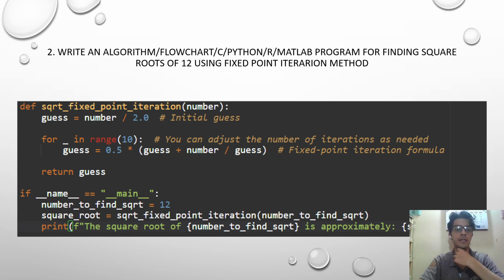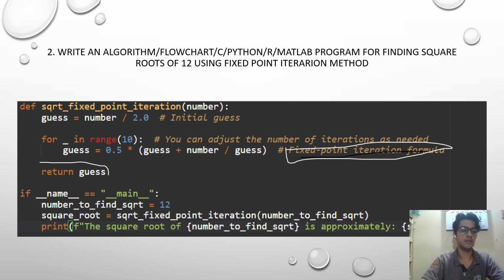Then we take guess equals number divided by 2.0, which becomes our initial guess. Now for i in range 10, guess equals 0.5 into (guess plus number divided by guess). This is the formula for fixed point iteration. After that we return the guess.